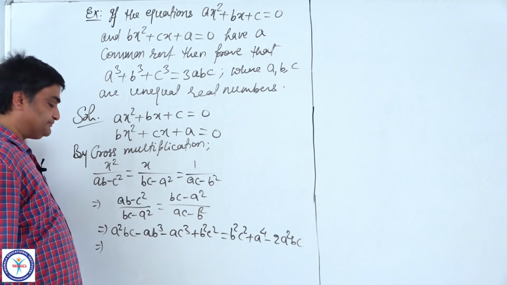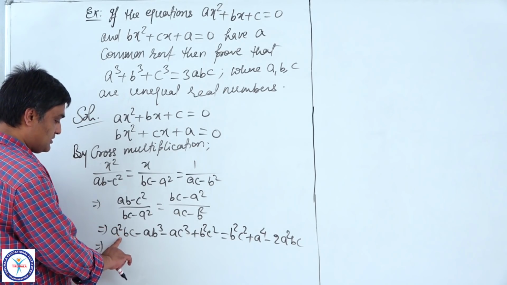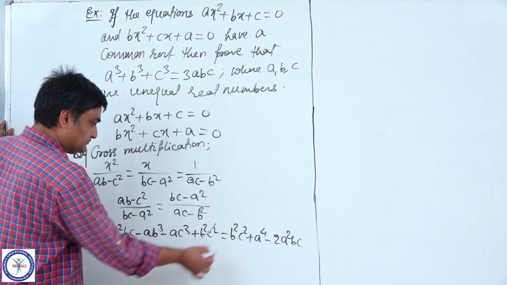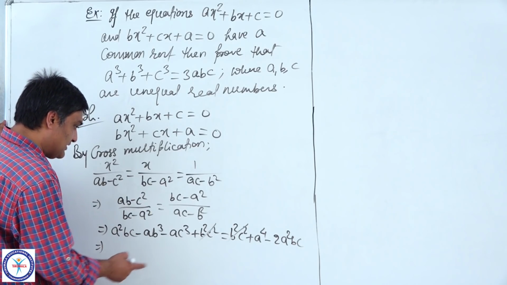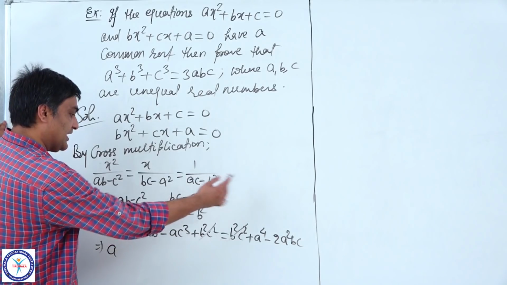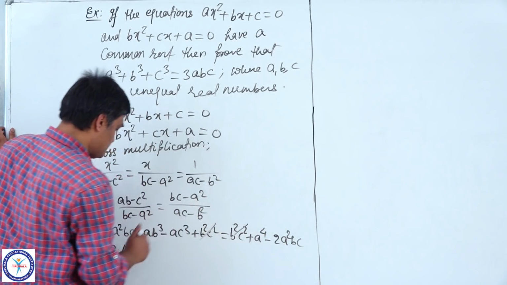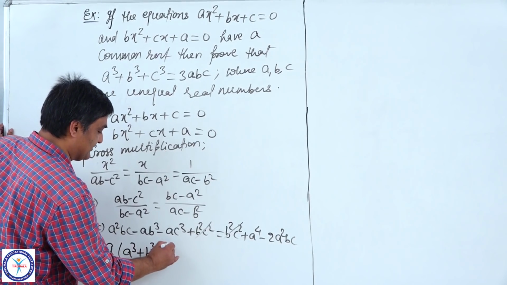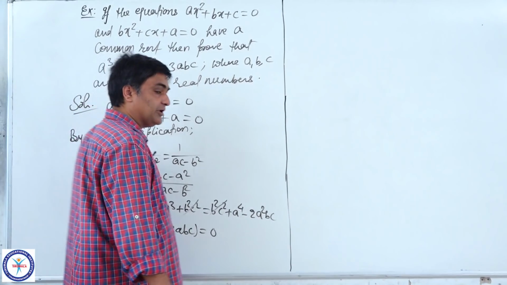Okay. Now, we have b square c square cancellation on both sides, and if we observe the rest, a cube plus b cube plus c cube minus 3abc equal to 0.